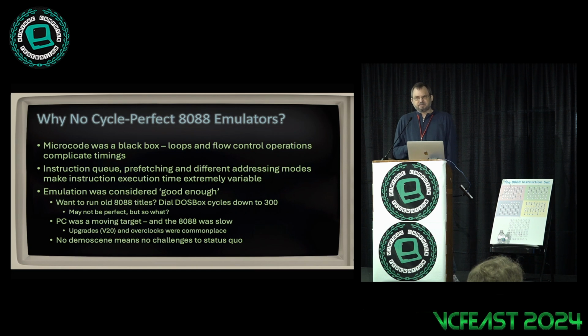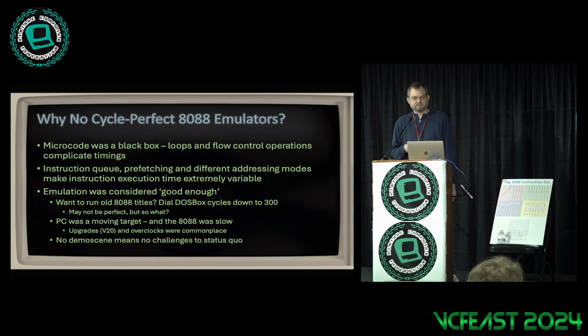But it's been 45 years since the release of the 8088, so it is a valid question as to why this wasn't done anyway, just through brute force. One of the problems was the microcode was a black box. You have loops and flow control operations, and these all complicate timings. You look at division down there, you could make a table of it.